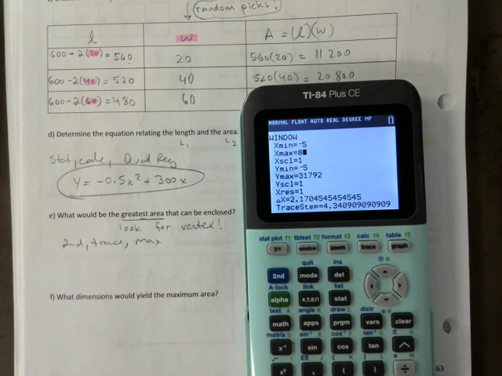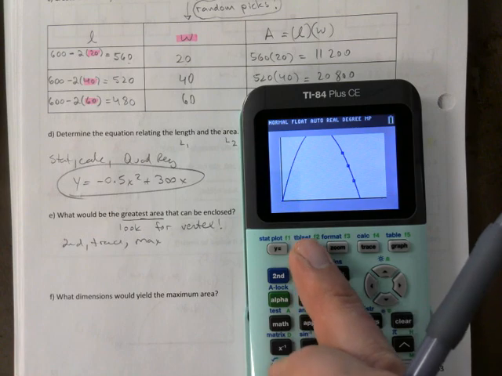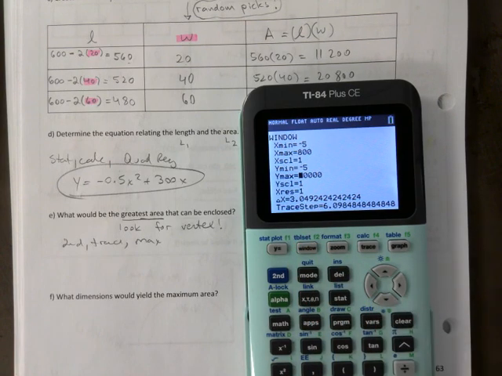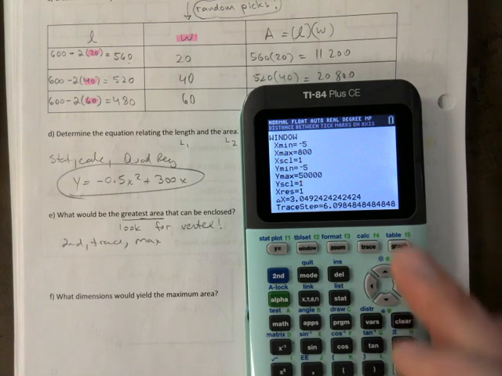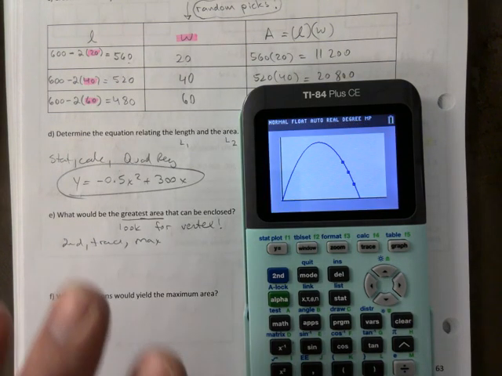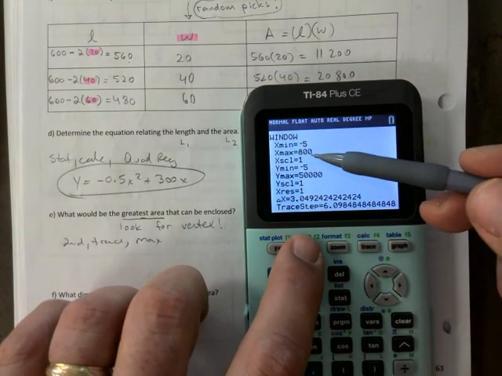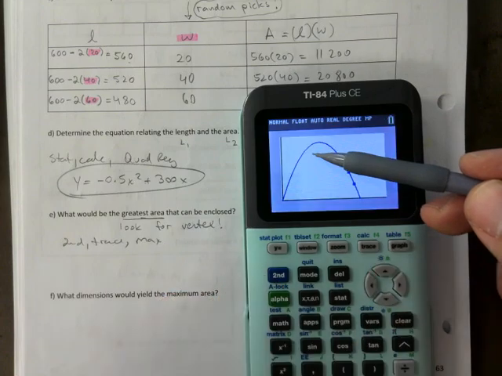X max, I'm going to go 800. Y max, I'm going to go 40,000. Oh, still not enough. So 50,000 it is. There we go. That does the trick. So I went Y max 50,000 and X max I went 800.